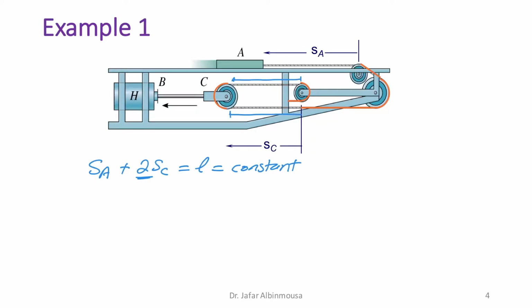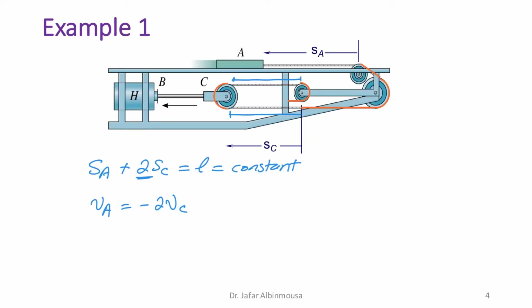Now we just need to differentiate with time. So we'll get VA equals negative 2VC, which means if the cylinder is drawing in BC at 2 feet per second, in this direction, then VC is positive.